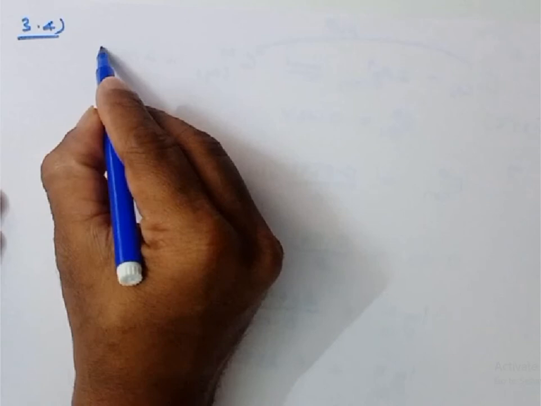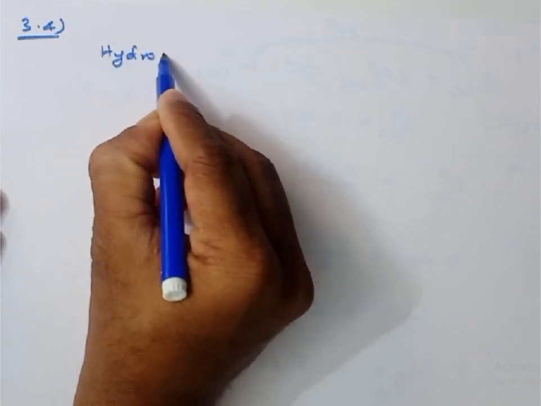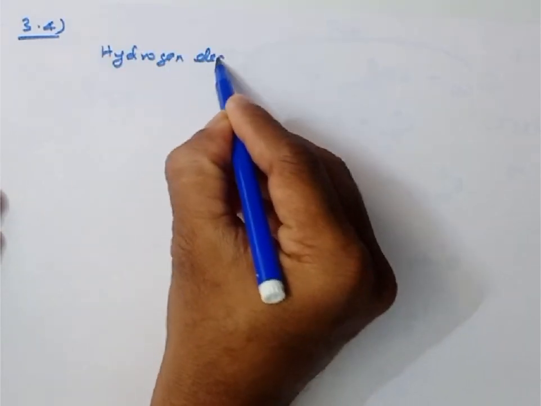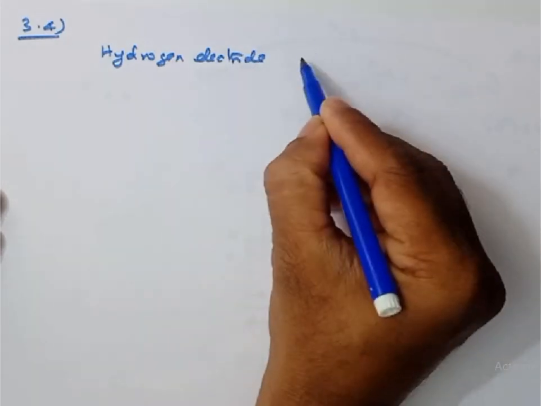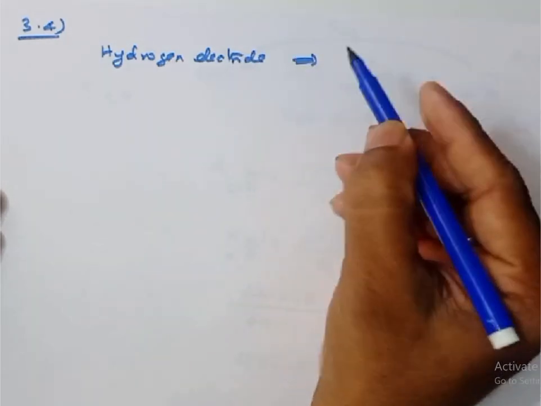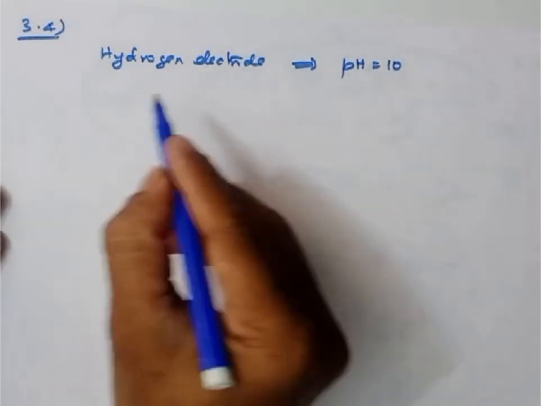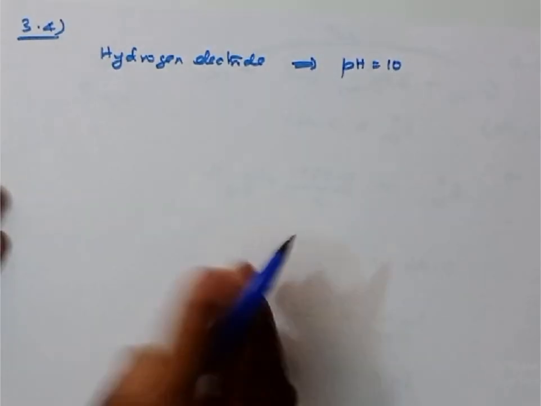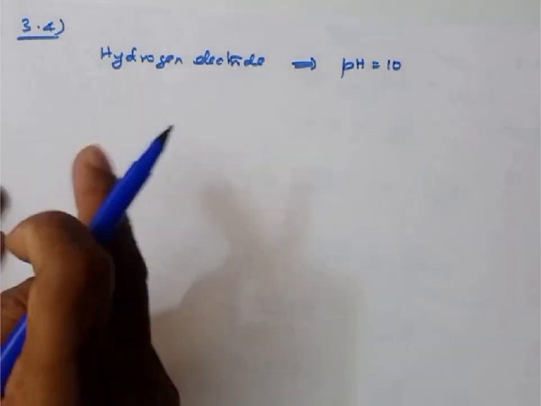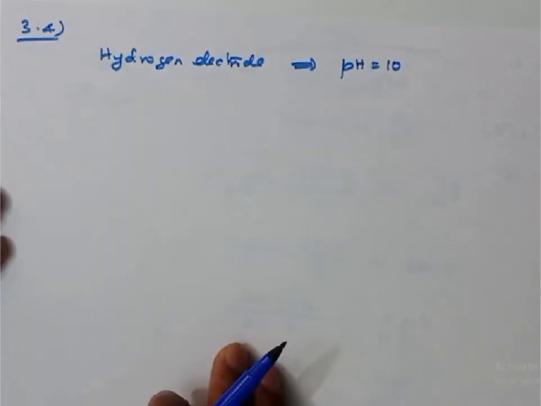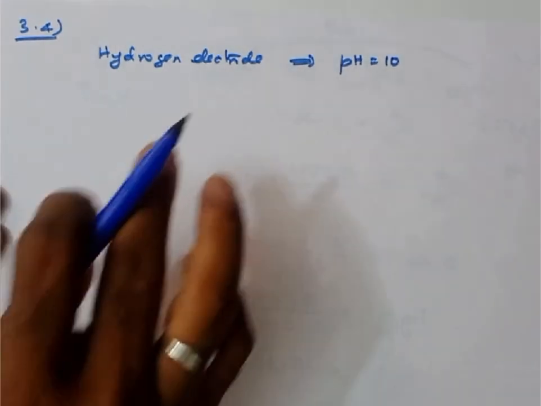A hydrogen electrode is given, immersed in a solution whose pH is 10. We need to find the electrode potential, but it is not mentioned whether it is anodic potential or cathodic potential. Usually they should mention that, but it is not given.